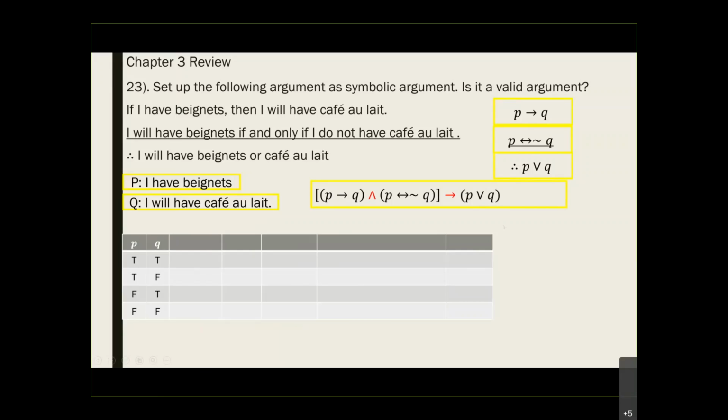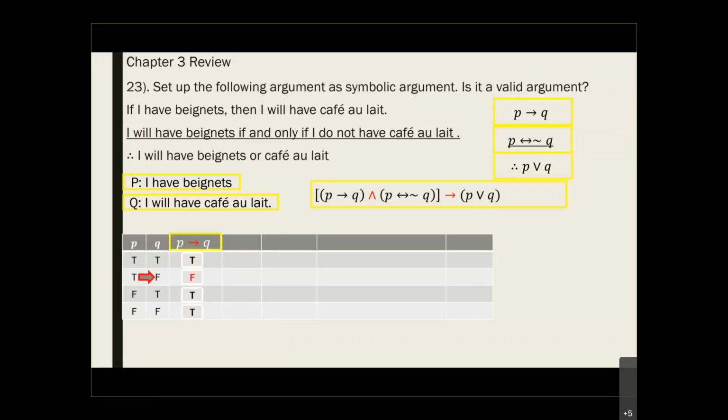So with everything we learned here, the first thing we need to do, as before, is work from left to right and attack the first parenthesis. The only time the if-then is false is when the first thing is true and the second one is false. Everywhere else is true, right?